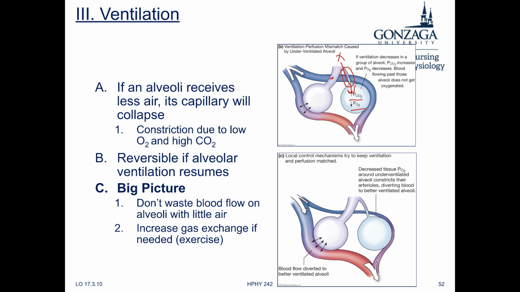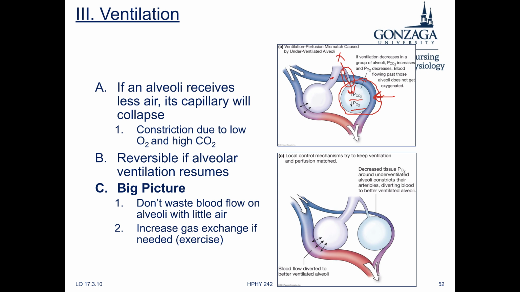So how ventilation perfusion matching occurs is that the blood vessel, or the capillary, that is associated with this alveoli, is going to actually collapse, okay? Because it doesn't make sense for an alveoli that's reduced airflow. We're going to have less gases that are present there, less gas exchange. So it doesn't make sense to direct blood flow to that alveoli.